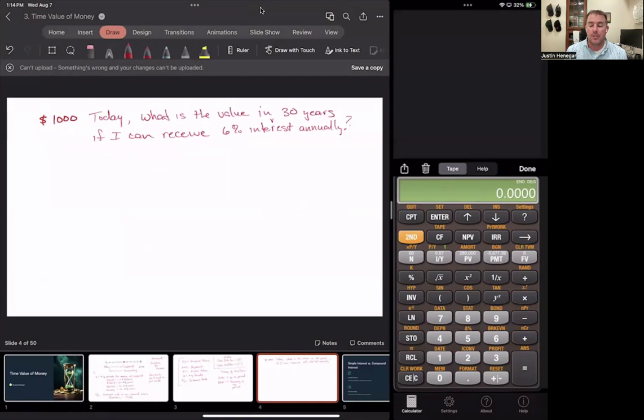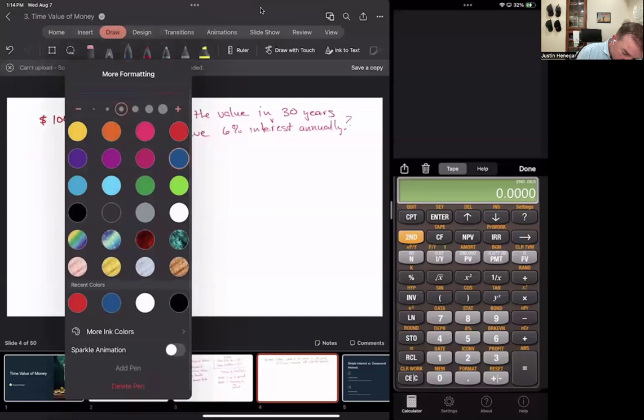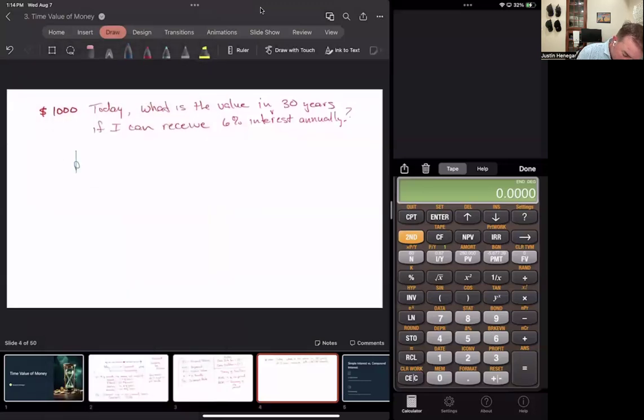All right. So let's see what we can go ahead and just quickly do on the screen here, and then we'll put all of our inputs into the calculator. So the first is, what do I know? Well, the first thing that I know, and we'll use blue, is I have a present value of $1,000. Now, before we get into anything further, what's happening with that $1,000? Is this going to be a positive or a cash inflow or a cash outflow?